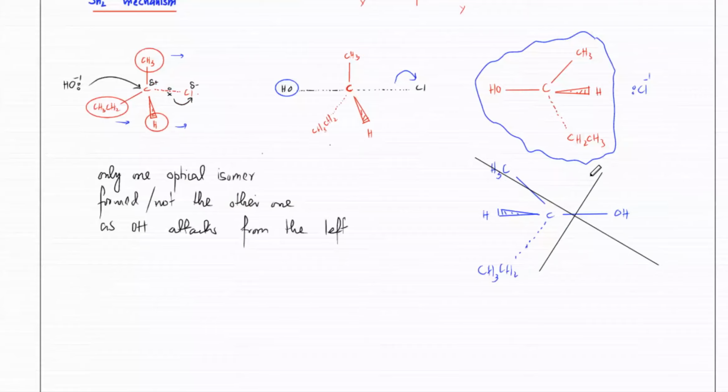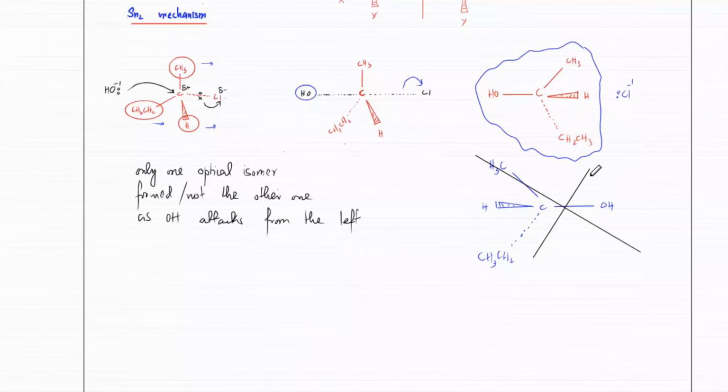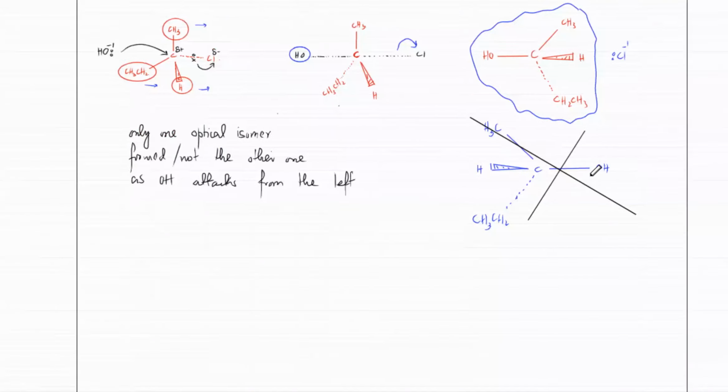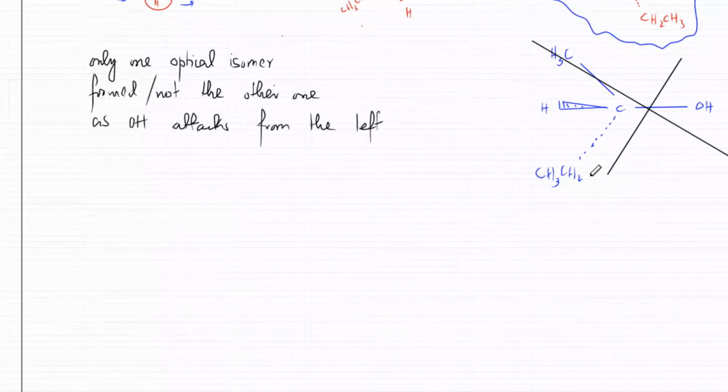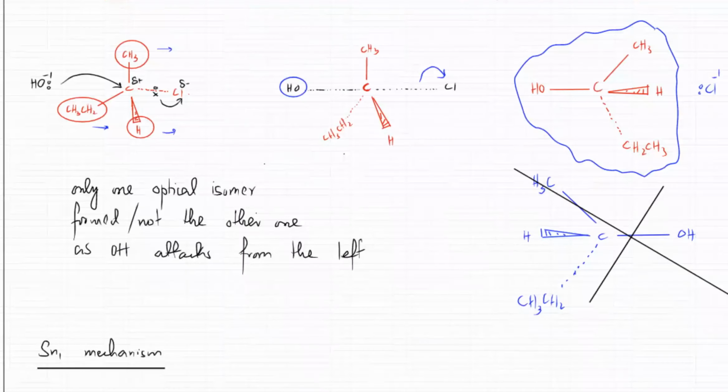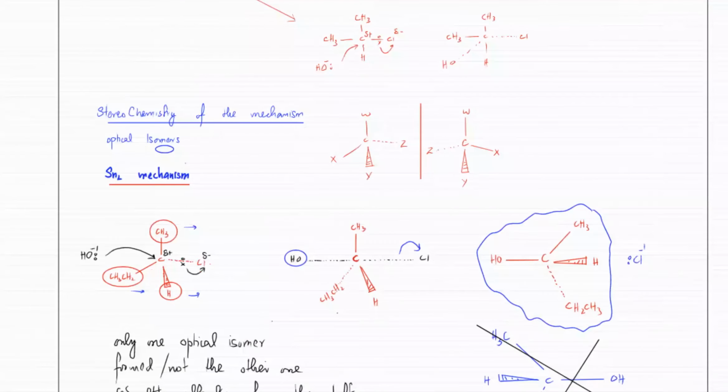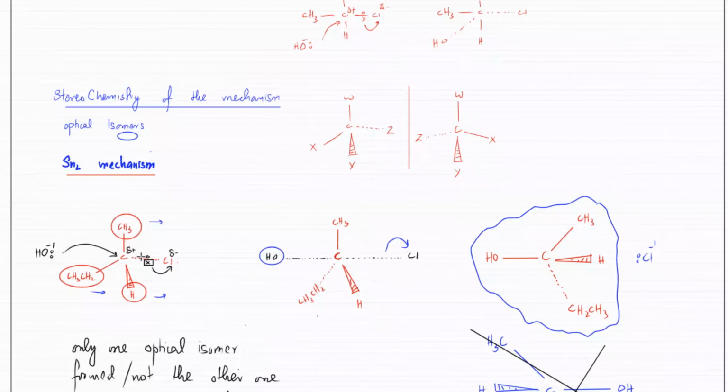Now we're gonna do the case of the Sn1 mechanism. There you'll see that both isomers would be possible. So let's do the Sn1 mechanism. Now remember, in the Sn1 mechanism, the mechanism is different. Remember secondary halogenoalkanes. This was a secondary halogenoalkane.